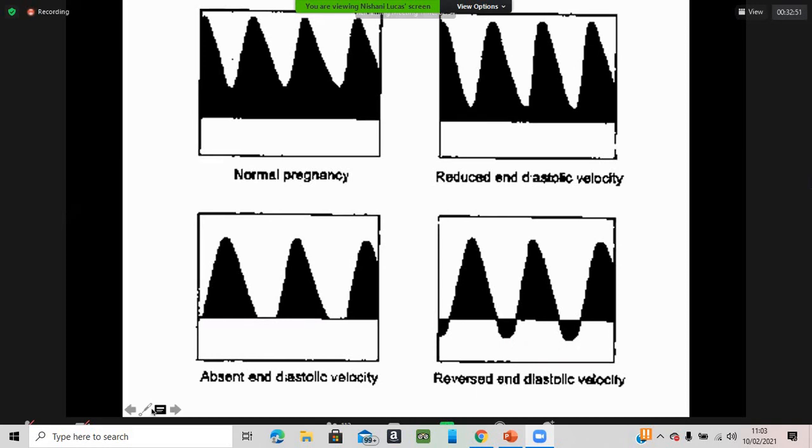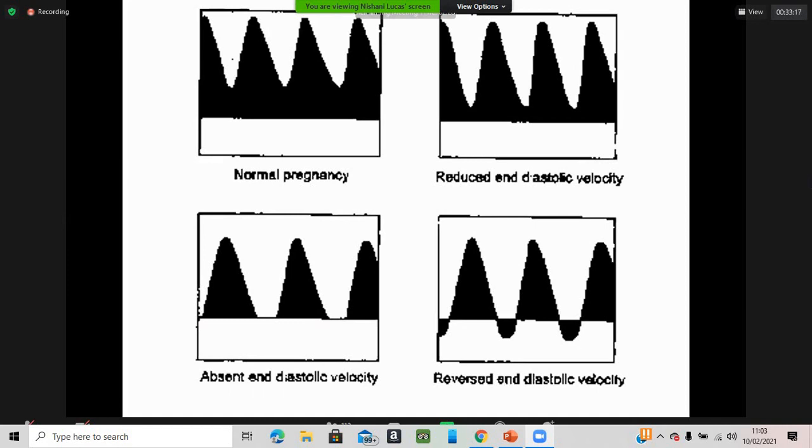This is an important finding which helps in management, which helps the obstetrician to see what is happening with the blood flow. If you remember, these babies, because the environmental conditions are poor, have growth restriction. If you take them out of that environment, that means if you deliver them, this problem will cease.